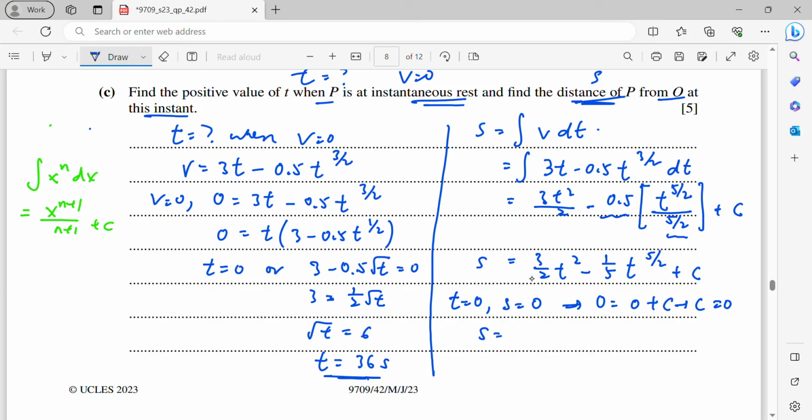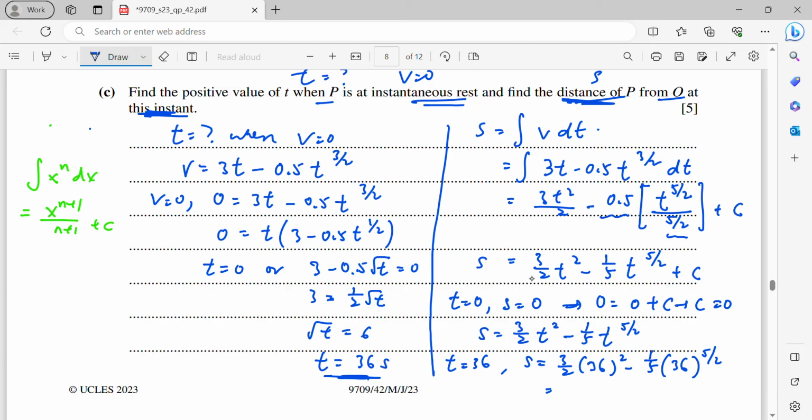Okay, so the s is going to be 3 over 2 t squared minus 1 over 5 t to the power 5 over 2. But then you need to find the distance at this instant, which means at t equals 36. So when t equals 36, your s is 3 over 2 times 36 squared minus 1 over 5 times 36 to the power 5 over 2.